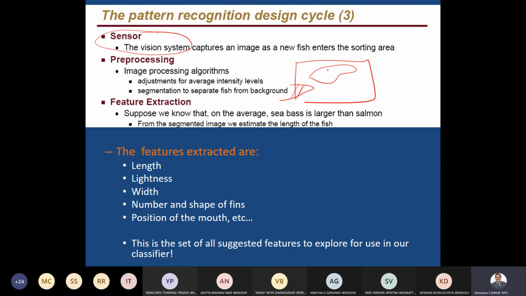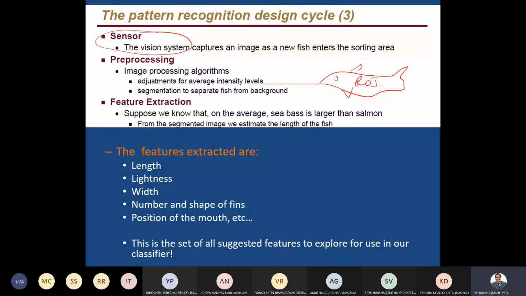So they have to capture one at a time, or they have to capture all the complete objects visible in the area, right? And they should take the decision later, right? So some image processing, some pre-processing is also required, such as adjustment of intensity and segmentation of a region of interest. I think all of you know what segmentation is. So this region, if you want to identify, this is a region of interest.